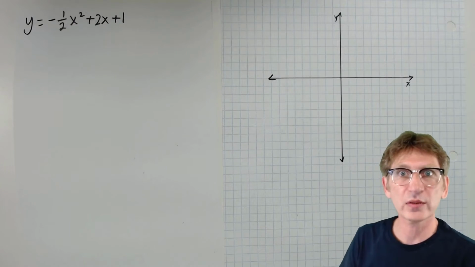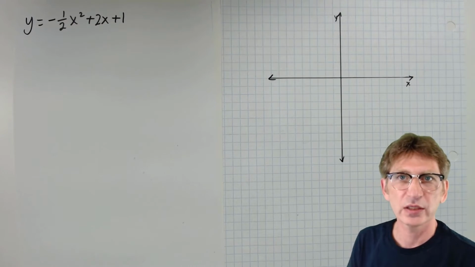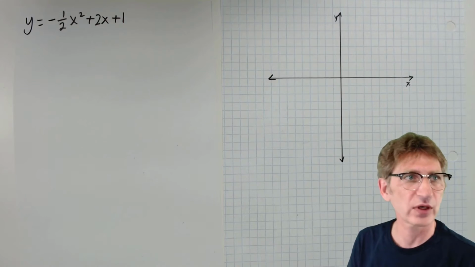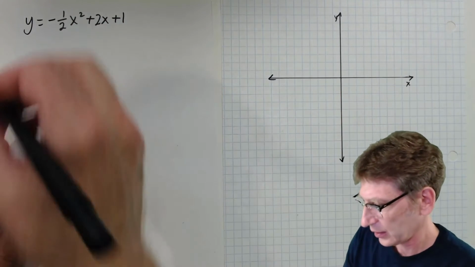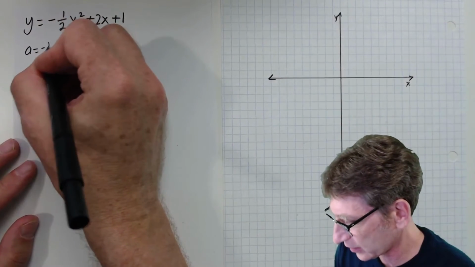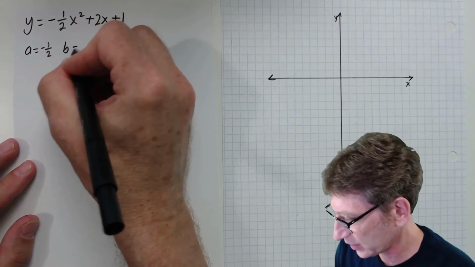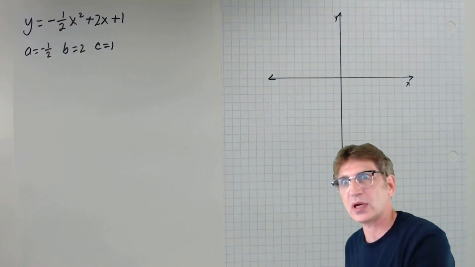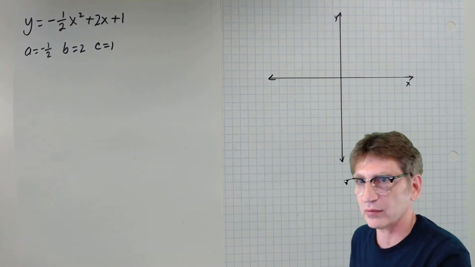We have one more example to take a look at, so we'll have a complete view of what can happen with different a, b, and c values when we're graphing a quadratic function. Here, a is negative 1/2, b is 2, c is 1. Same start: a equals, b equals, c equals.